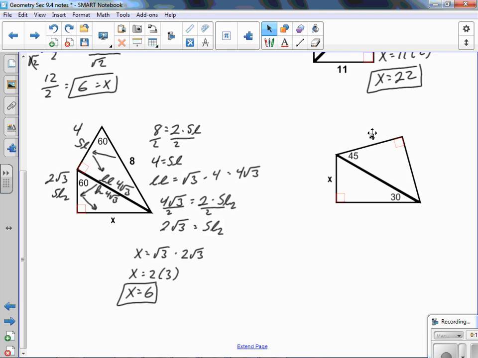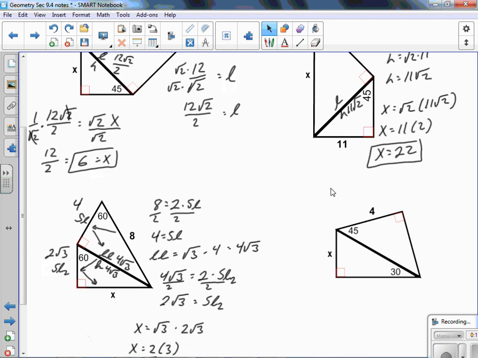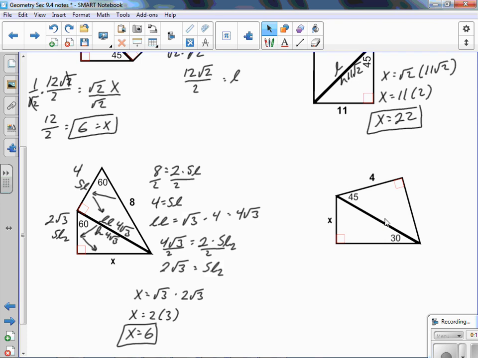So starting off, we're using a 45-45-90. So remember, it's the square root of 2 times the leg for the hypotenuse. So this hypotenuse here is going to equal the square root of 2 times the leg, which is 4. That's going to give us 4 square roots of 2. And so now we've taken care of the 45-45-90.